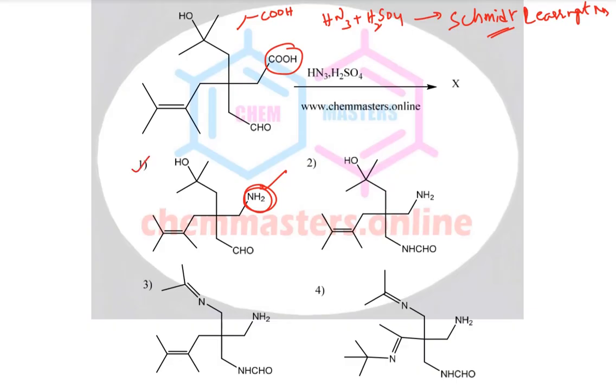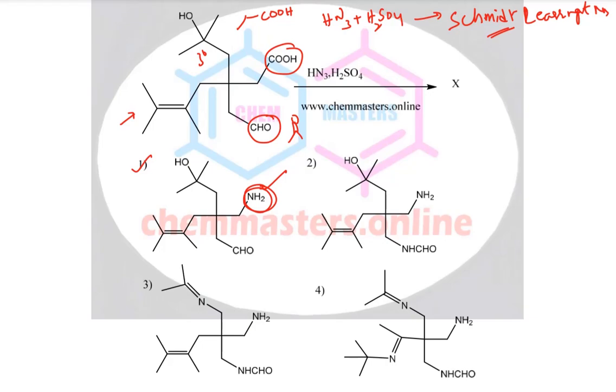So it is absolutely wrong, because here all the other functional groups, the carbonyl group, as we have given aldehyde and also ketone and tertiary alcohol, even alkene, also react in Schmidt rearrangement reaction conditions.